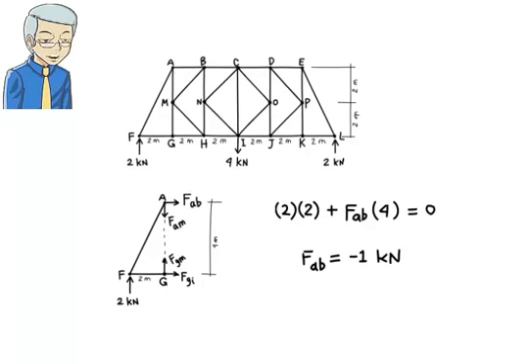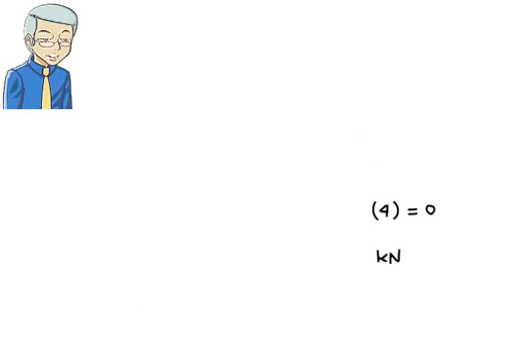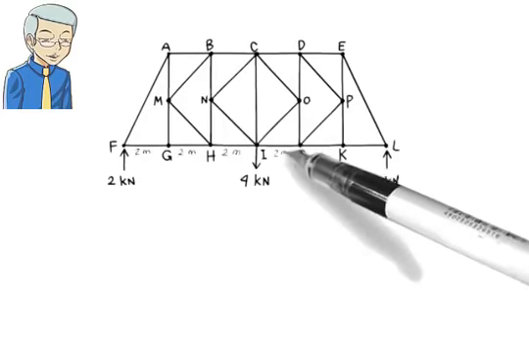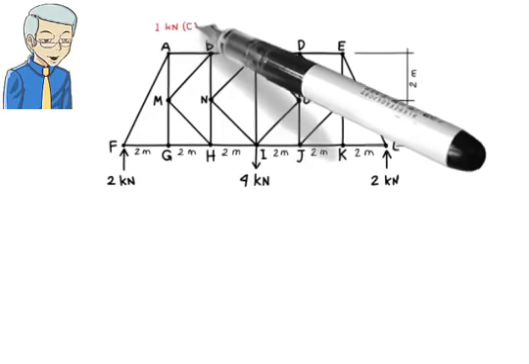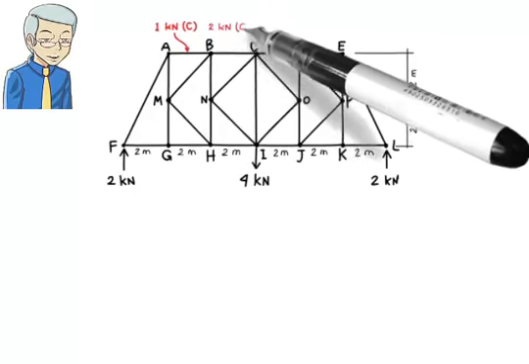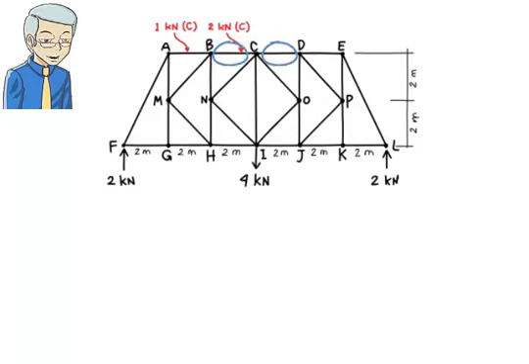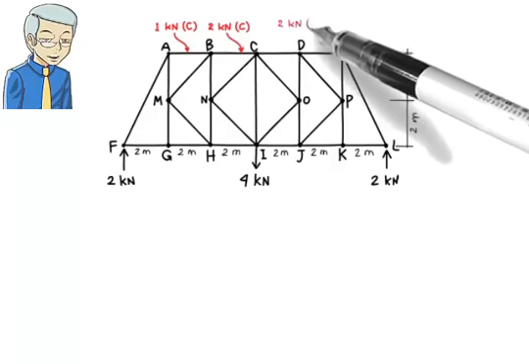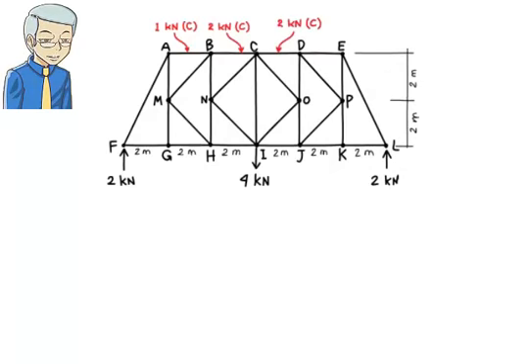How about FCD? How do we calculate it? Given the symmetrical nature of the structure and the applied load, one can conclude that members CD and BC carry the same force. That is, member CD also carries a compressive force of 2 kilonewtons.